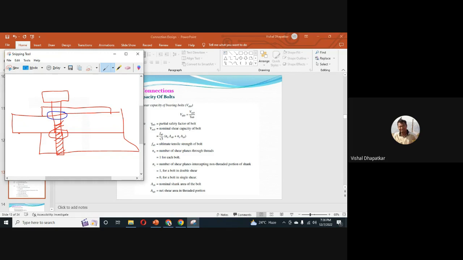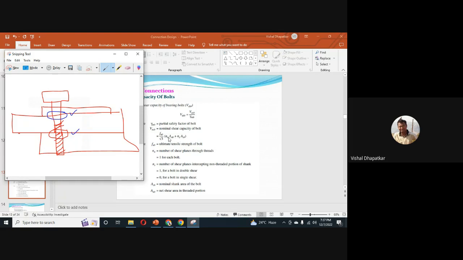So as soon as I put another plate, the bolts are going under double shear, right? One plane at this location, another plane at this location. So it is going under double shear. For double shear bolts, this nS is always 1, and if it is single shear, it is always 0, right?